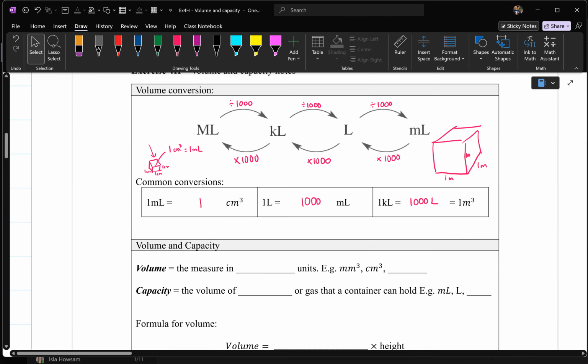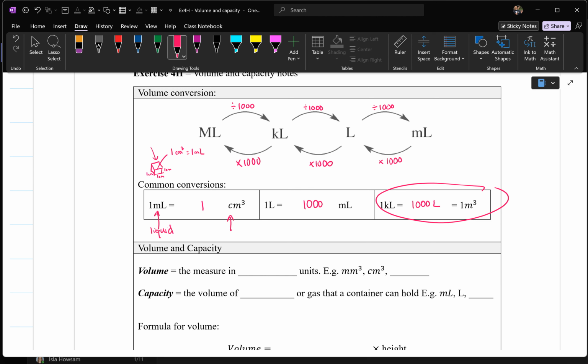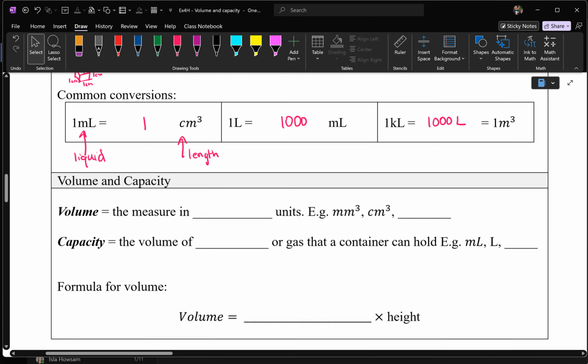All right, so you got the conversions there to help you understand, and these two are useful because you're going from liquid form to measurement form or length form. Okay, so that's what the difference is between volume and capacity.